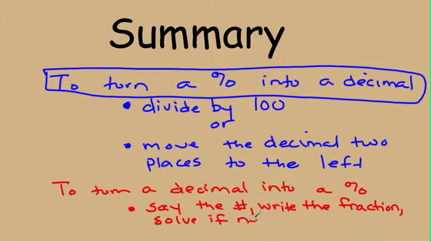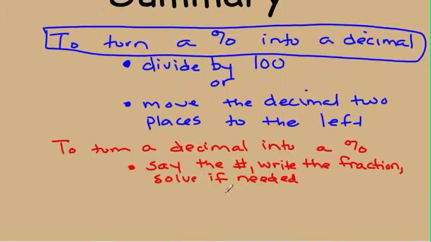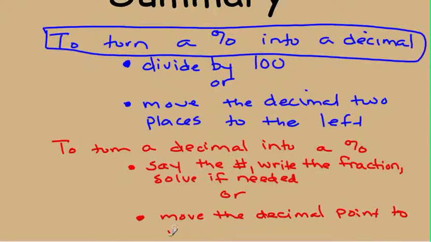And when I say solve, I mean the proportion, setting it equal to 100. Or the shortcut would be to move the decimal point two places to the right. And we have a minute or a few minutes here for one last example.